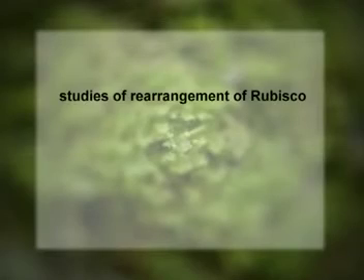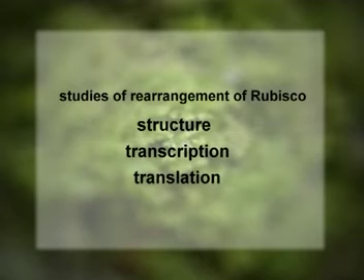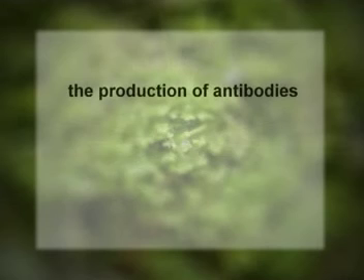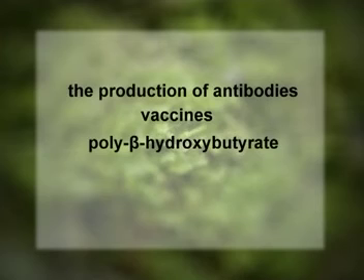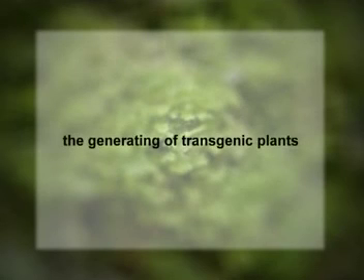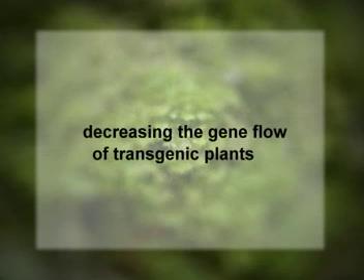These applications include the studies of rearrangement of ribosome and the structure, transcription, translation, and RNA editing of genes in chloroplast, the production of antibodies, vaccines, poly-beta-hydroxybutyrate, and bioelastic protein using chloroplast as bioreactor, the generating of transgenic plants with resistance to insect, disease, herbicide, and drought, and decreasing the gene flow of transgenic plants.